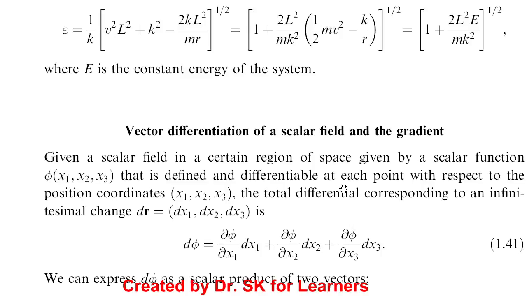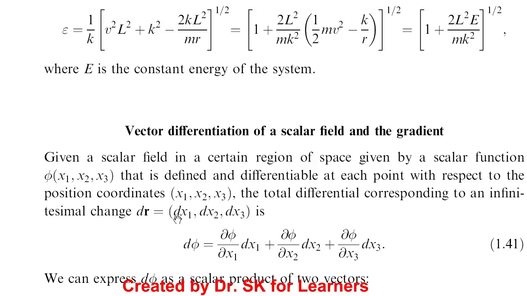So now you know that phi is written as a function of x, y, z, and let us say a changed unit term, meaning an infinitesimal, very small change, is written as d r. r is a bold quantity because this change will have a direction. It cannot be without a direction.